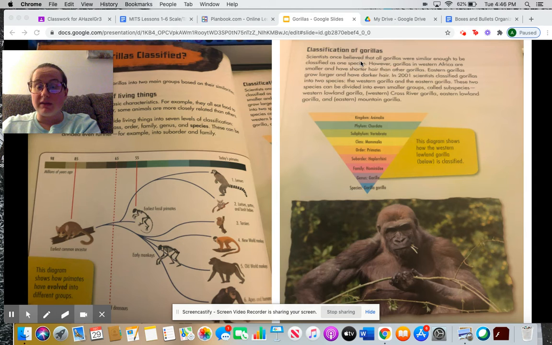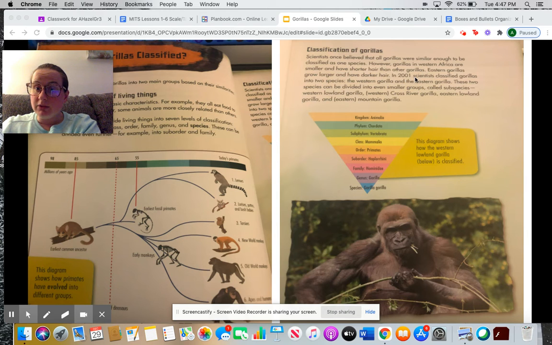Scientists once believed that all gorillas were similar enough to be classified as one species. However, gorillas in Western Africa are smaller and have shorter hair than other gorillas. Eastern gorillas grow larger and have darker hair.